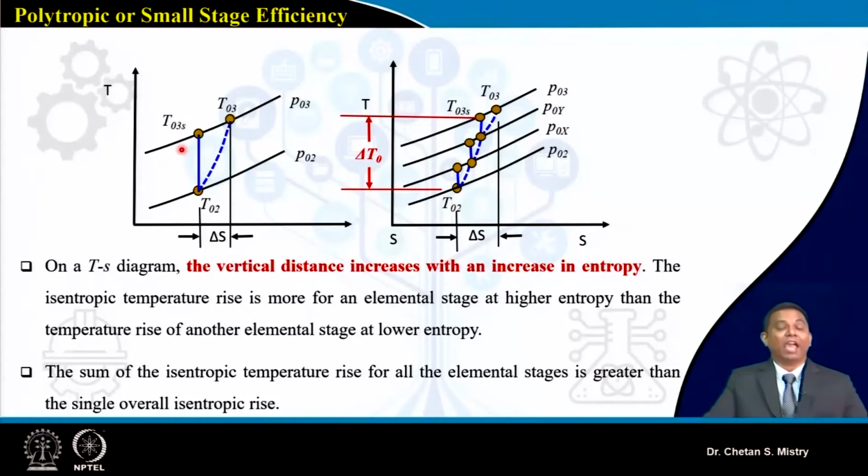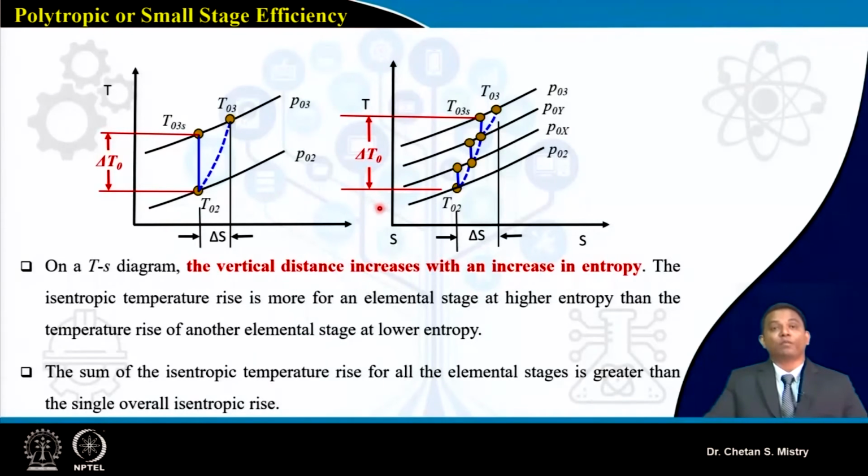For my actual compression process over the overall stage, my delta T0 is lower. In this case, the elemental rise of temperature gives me a large delta T0.